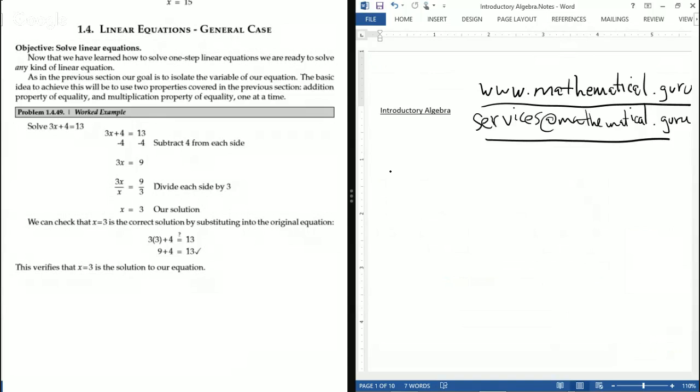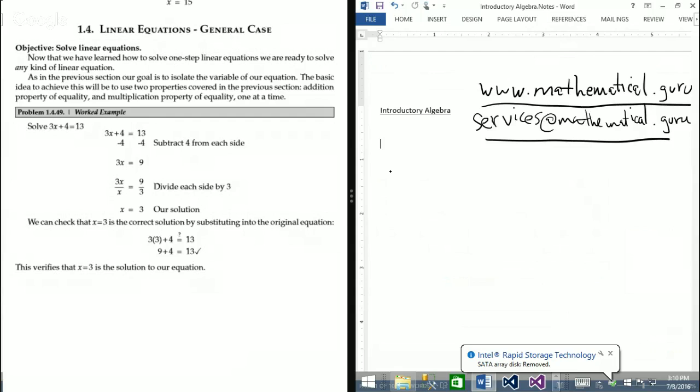So we want to know what the variable is equal to. In order to figure out what the variable equals, we will have to isolate it. The basic idea to achieve this will be to use two properties covered in the previous section: the addition property of equality and the multiplication property of equality, one at a time.